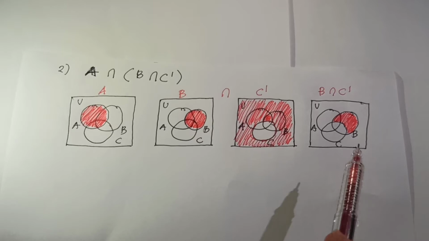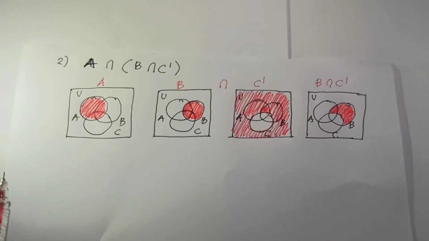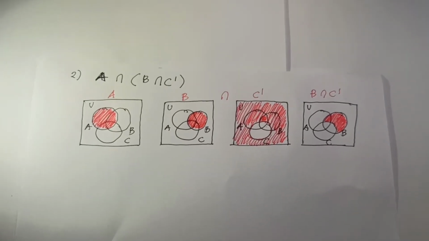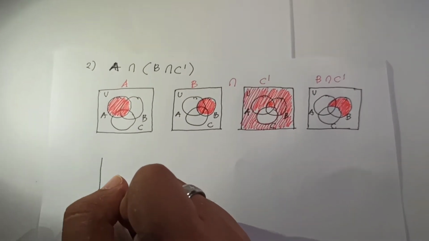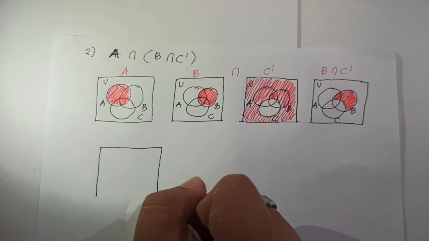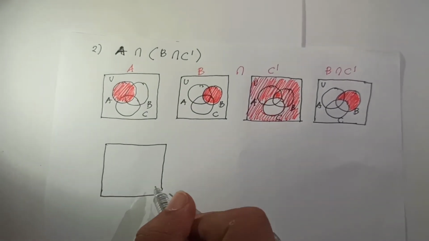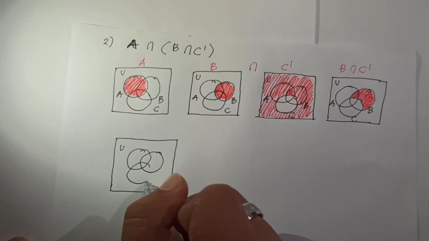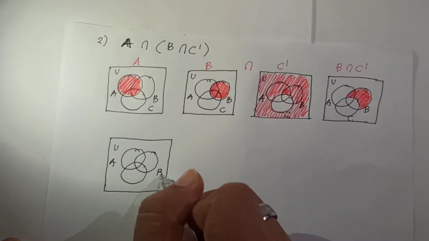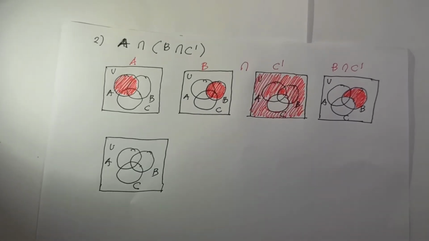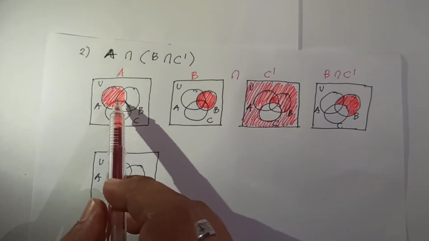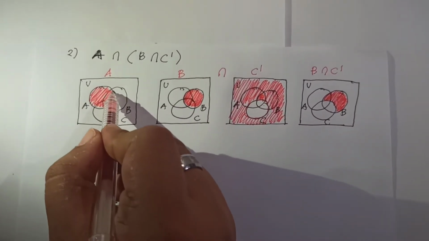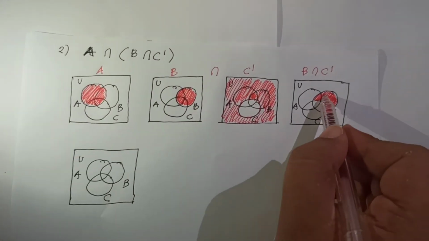Next, we have A intersection. So, nag-intersect naman dito sa here. Okay, so we're going to draw here for this part. Okay, this is our A, this is our B, and this is our C. So, if we're going to look at the intersection of this and this, in this part only ang naka-shade here.